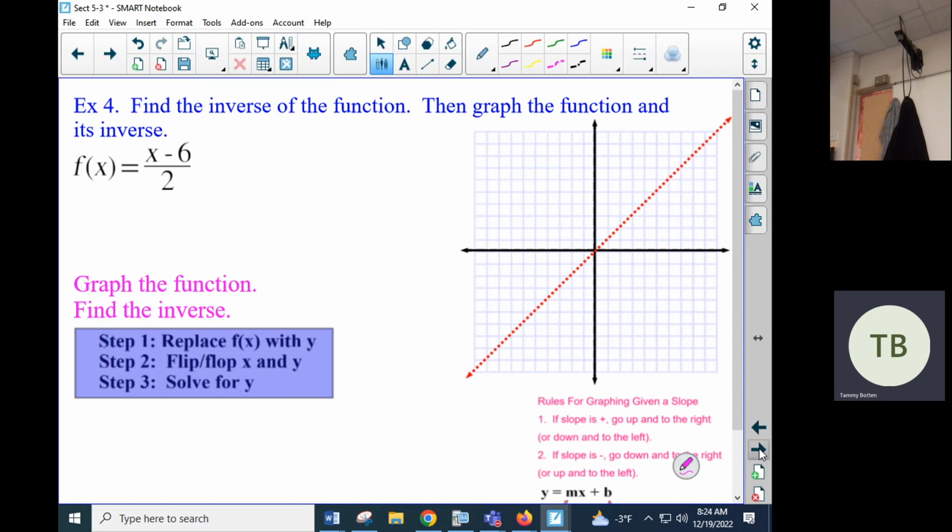Again, the first step we're always gonna do is we're gonna replace the f of x with y. Now, this one to graph, you have to graph that original function. What we're gonna do is we're gonna turn this into 2 separate numbers so we can tell what our slope is and what our y-intercept is.